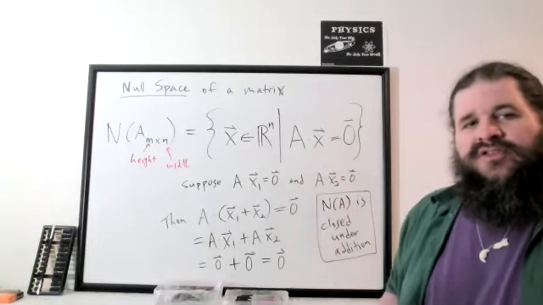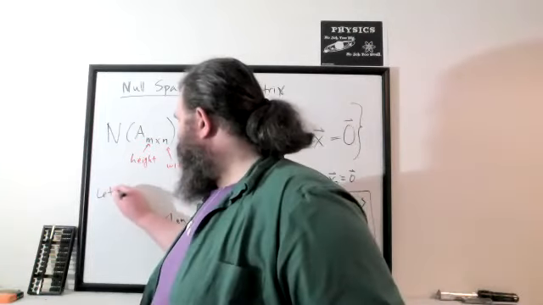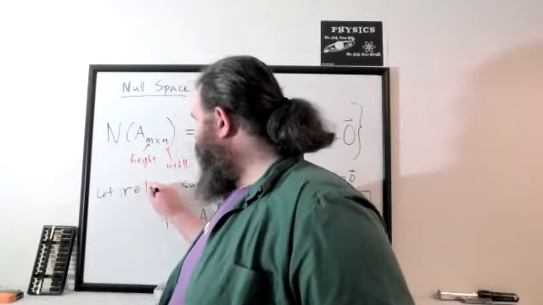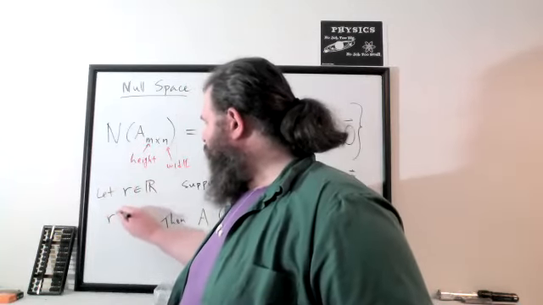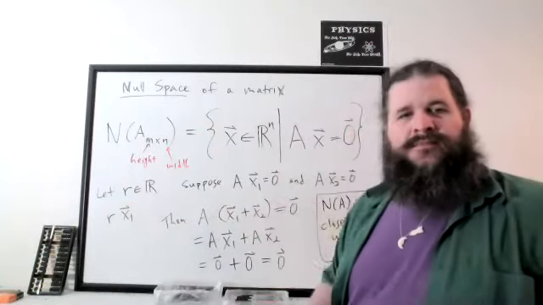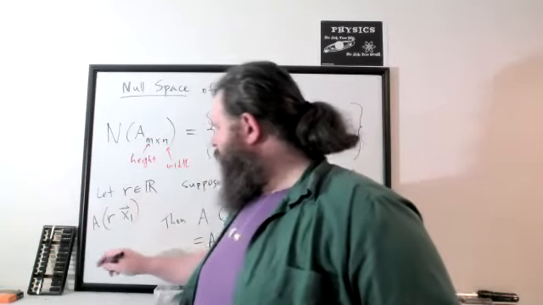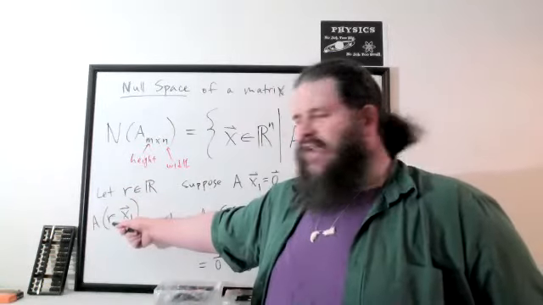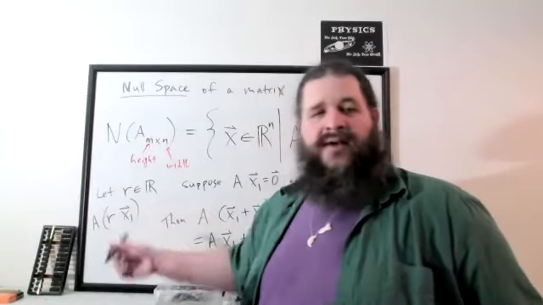It's also true that this is closed under scalar multiplication. Let's say R is a real number. If you take real number R times vector x1, which we're assuming is in the null space, and you multiply that by A, any scalar, any real number that's mixed up here, you can rearrange where it is.